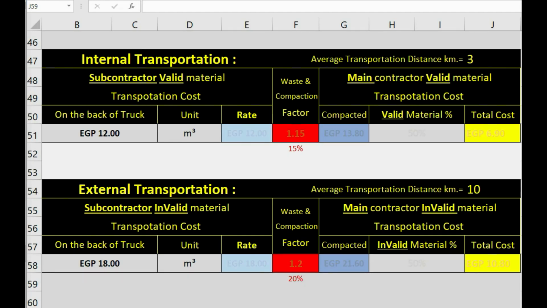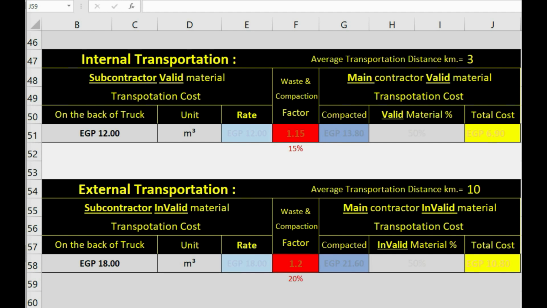Let's start to calculate the internal and external transport. We will move or transport the valid product of cut to the backfilling area, as well as the invalid material to the public dump. But nobody knows the percentage of valid to invalid material.